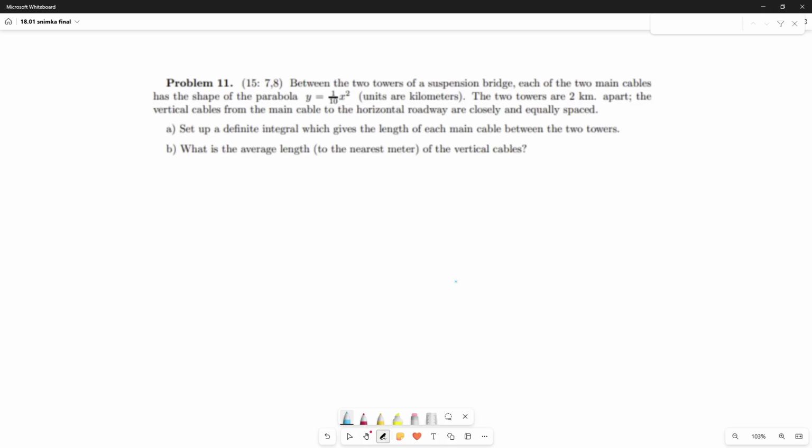Let's draw a figure. Here is the first tower, and the second tower is going to be identical, so I'll draw it over here. Now I'll draw a parabola between those two towers.